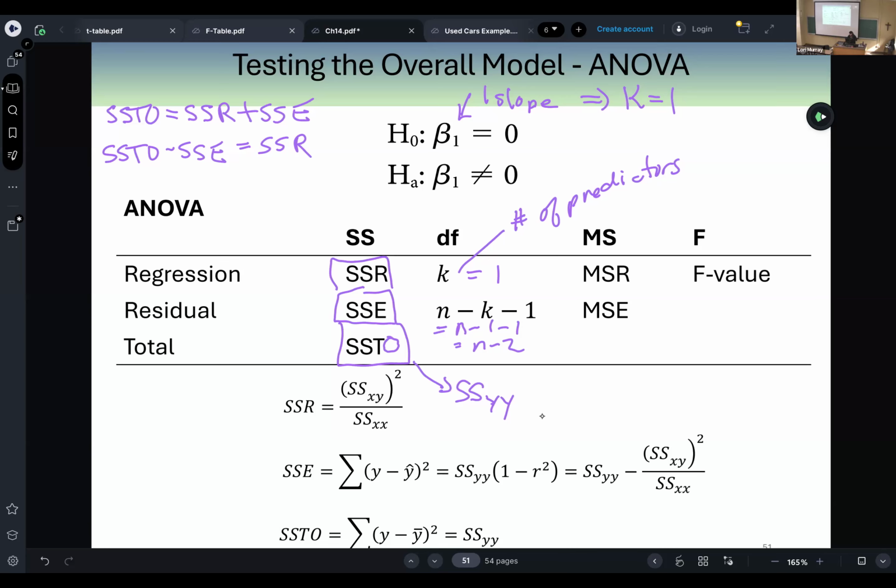So that's the source of the variation. The source of the variation from the regression is SSR. The source of the variation from the residuals is the SSE, E standing for error. Sometimes we say residual, and we know that is the error. It's sort of like how off are we? Like what's that vertical distance? Y minus Y hat.